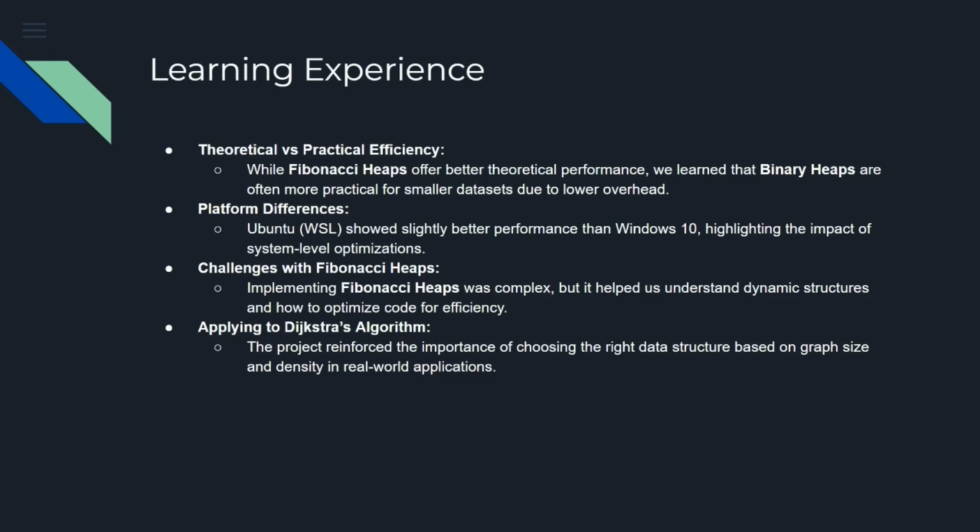Challenges with Fibonacci heaps: implementing them was complex, but it helped us understand dynamic structures and how to optimize the code for efficiency. And in applying Dijkstra's algorithm, the project reinforced the importance of choosing the right data structure based on the graph size and density in the real world.